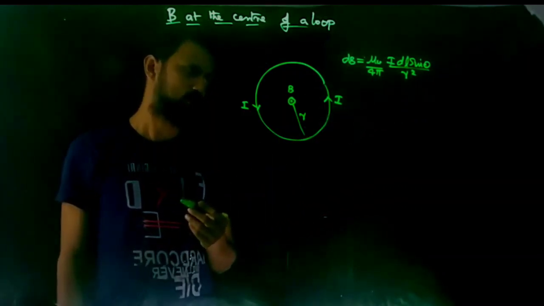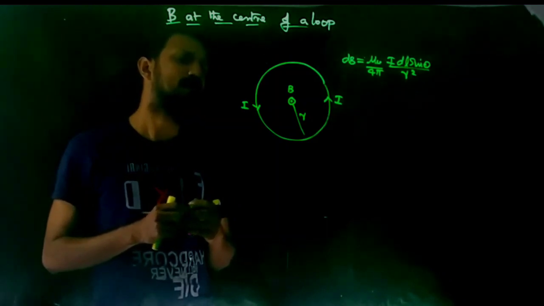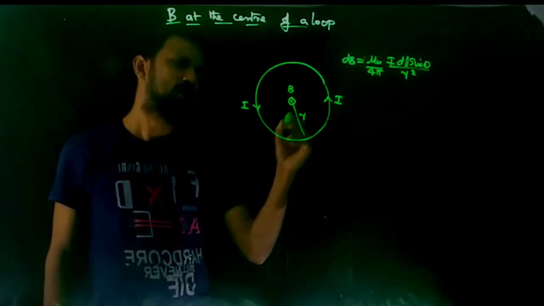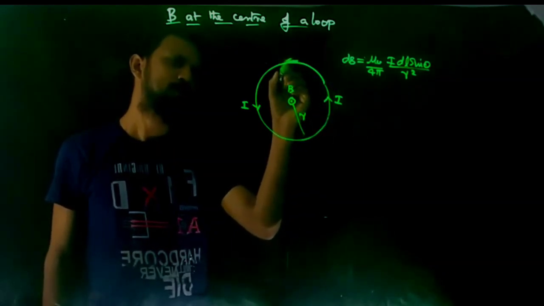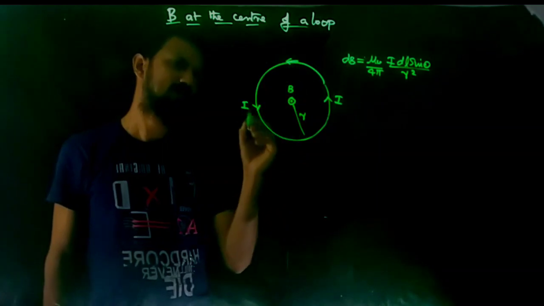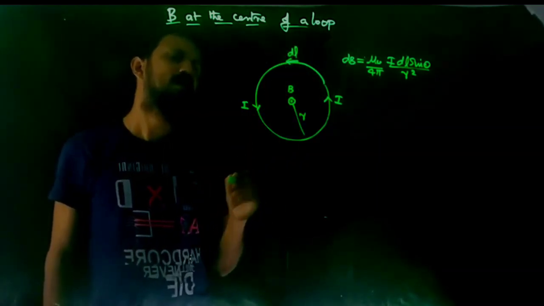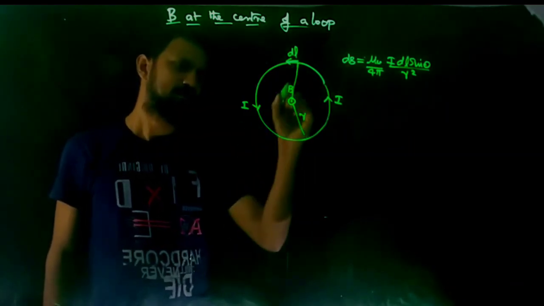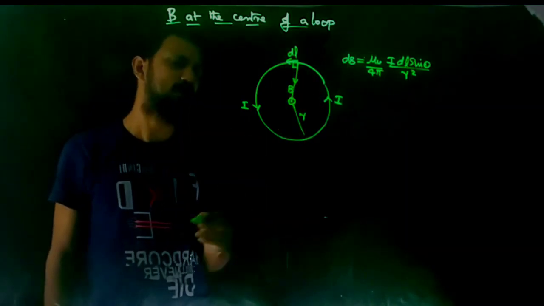For using Biot-Savart's law, we will have to mark a small segment of the conductor. Therefore, let me mark a dl over here, and then we can mark the r for this dl like this. You can clearly see dl is perpendicular to r.